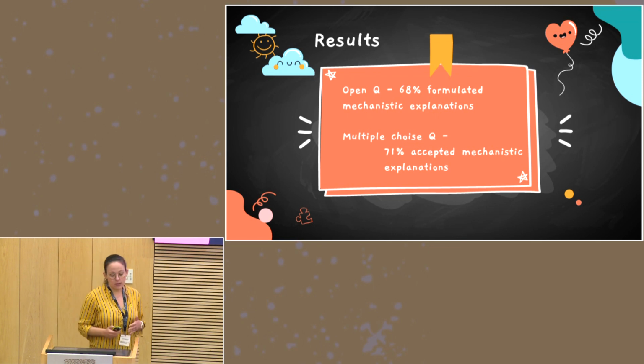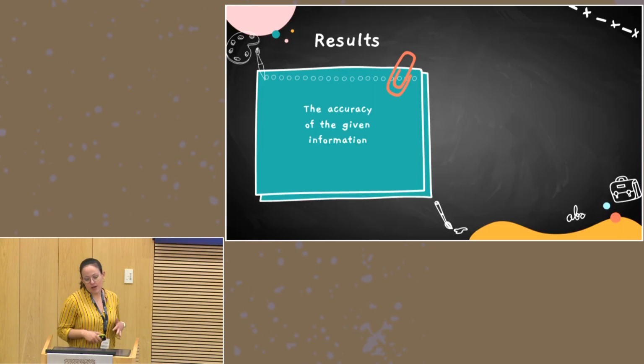What we saw is that children are capable of contrasting them, of formulating explanations mechanistically, and they accept mechanistic explanations. So they are able to learn and understand mechanisms, the answers to hard questions. When we asked them why they accept or reject mechanistic and non-mechanistic explanations, they mentioned 2 main criteria.